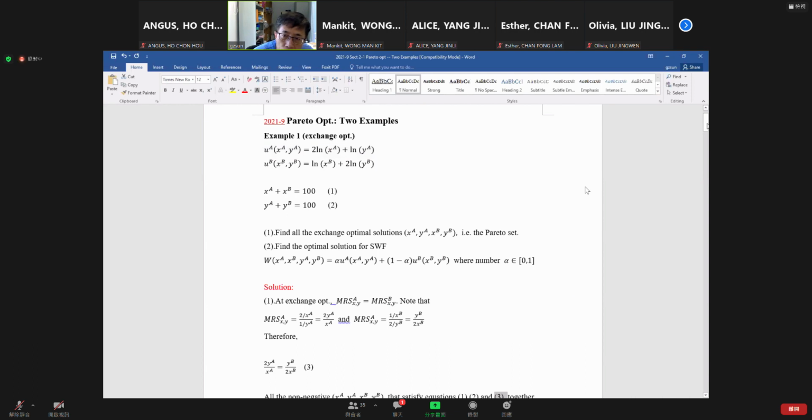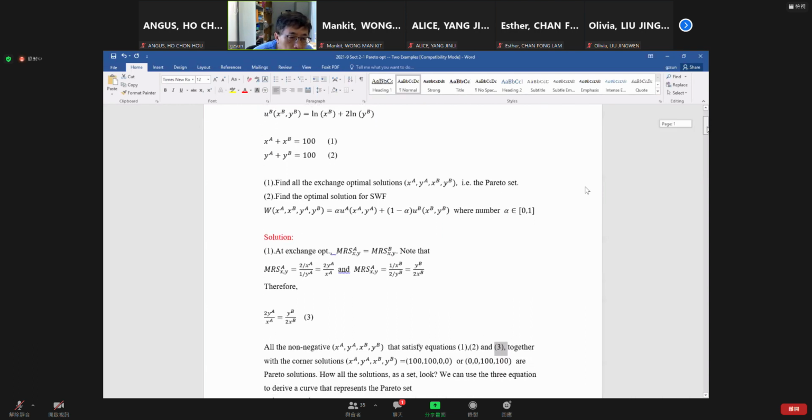So what does that mean? That means we treat Bob as our king and Alice as nobody. So this is Pareto optimal, because if we want to make things better, we have to take some x from Bob and give it to Alice, or take some y from Bob to Alice.